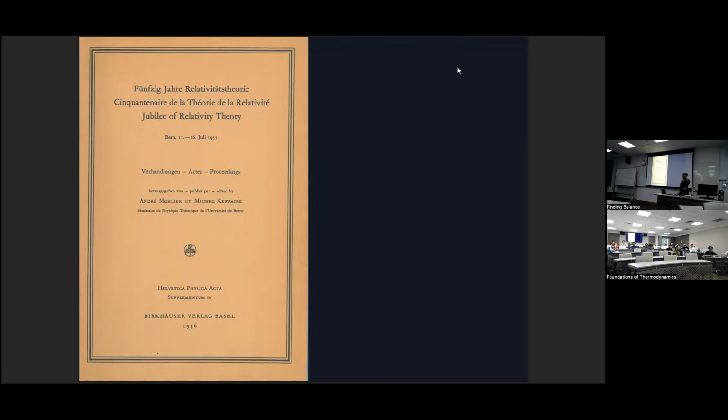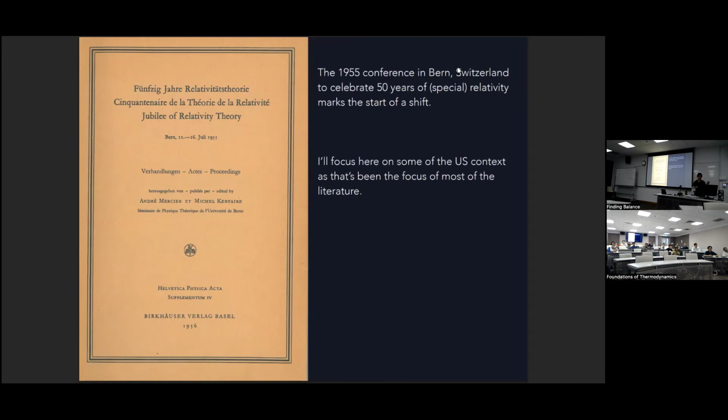The 50 is tied to special relativity's publication at the time. And it's also the year that Einstein passed away, just before the conference he was supposed to attend, so it ends up being in memorial as well. This is in Bern, Switzerland, and it starts to mark a shift, with people becoming more interested in GR.